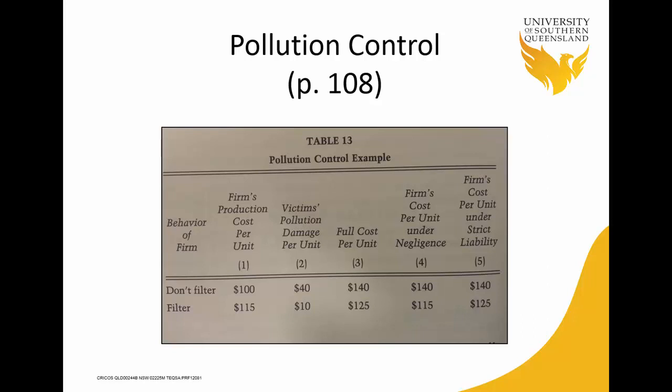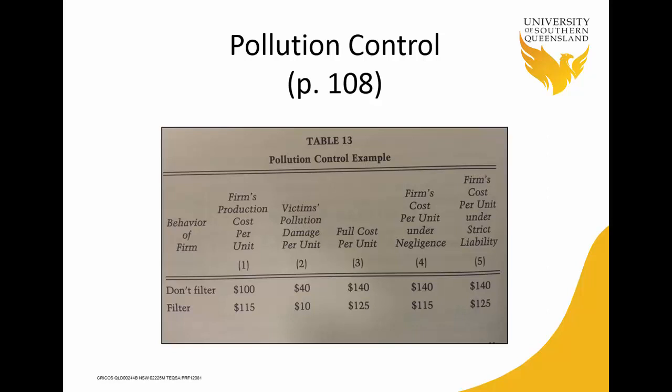So under negligence, okay, if the firm does not filter, they will see the full cost of their product or the unit. So that's going to be their production cost, but also they would be liable for the damages. However, if they do filter, then all that they look at is their own production cost.